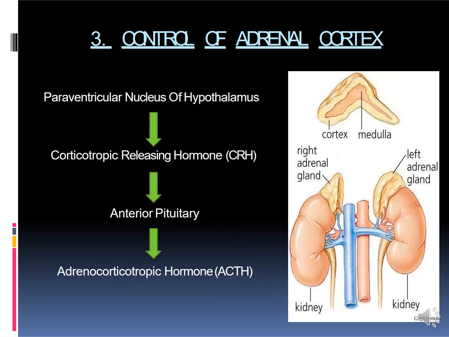How is the adrenal cortex controlled? It is controlled by the paraventricular nucleus of the hypothalamus, which controls the corticotropin releasing hormone, which in turn controls the anterior pituitary, which in turn controls the adrenocorticotropic hormone.